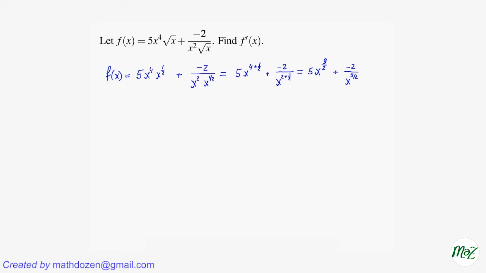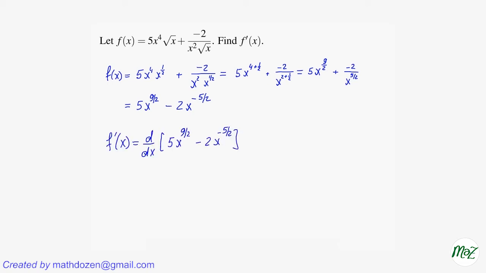Then we bring x to the top in the second term, and we arrive at 5 times x to the 9/2 minus 2 times x to the negative 5/2. That's an expression we're going to take the derivative of.